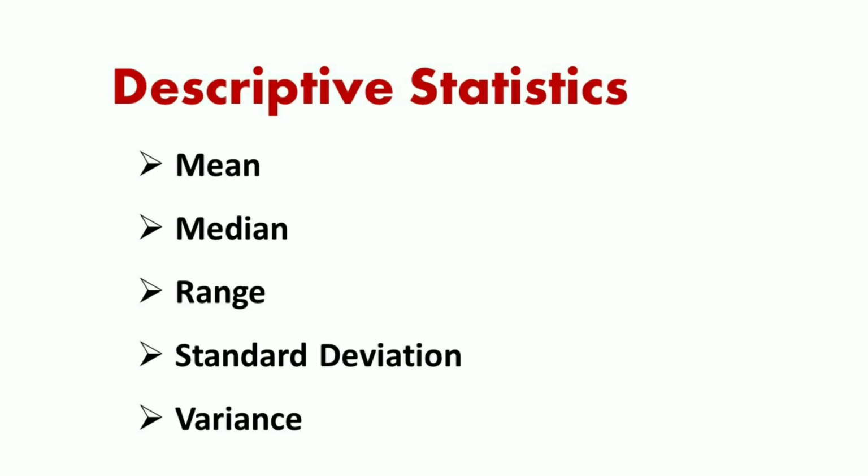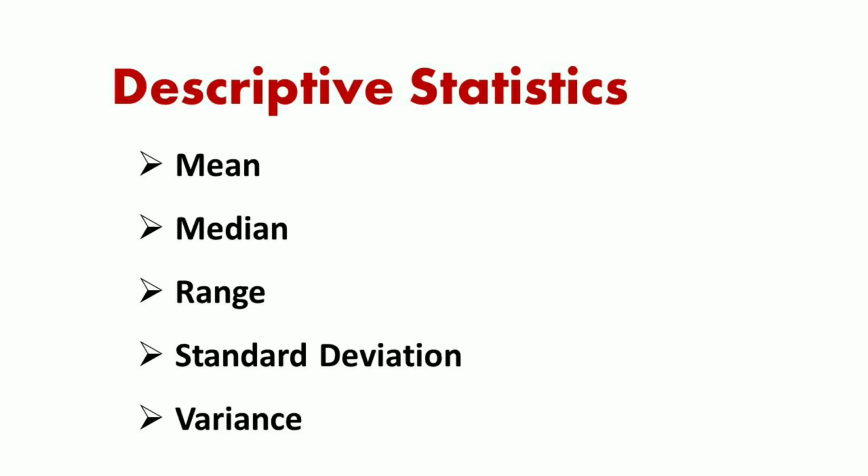Mean measures the average of the interval data sample provided, and median is used to determine which value in the data set is at the center. It is easily calculated because interval data are equidistant. Range, standard deviation and variance describe how spread out your data is.